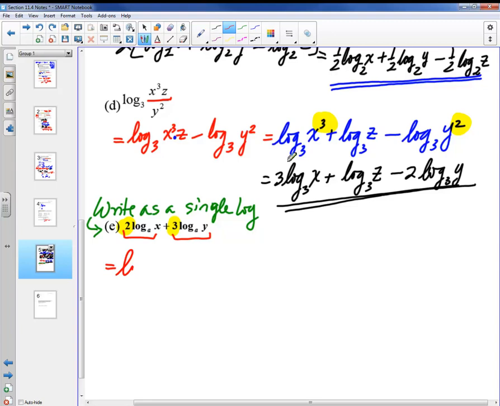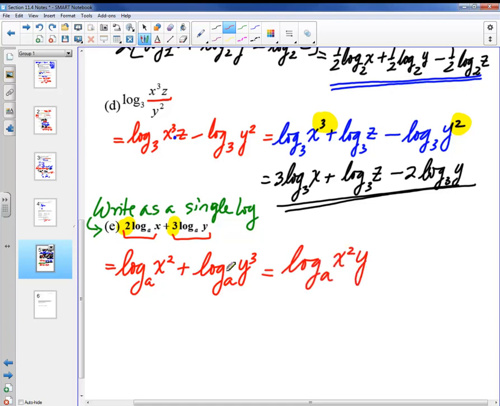So that becomes log base a of x squared plus log base a of y cubed. Now the operation between them is that plus, so that becomes log base a of multiplication, and that will be x squared times y cubed. There's no need to put that in parentheses, but if you want to do it, that will be okay.